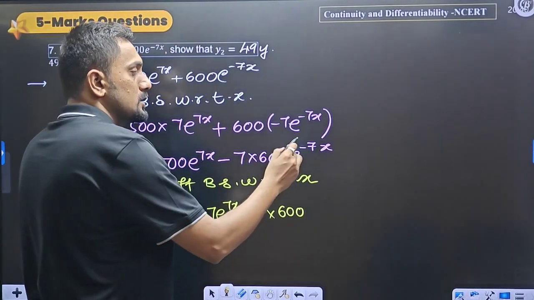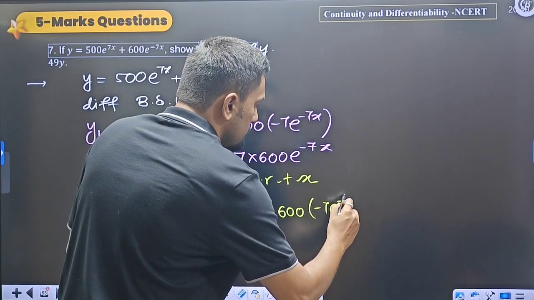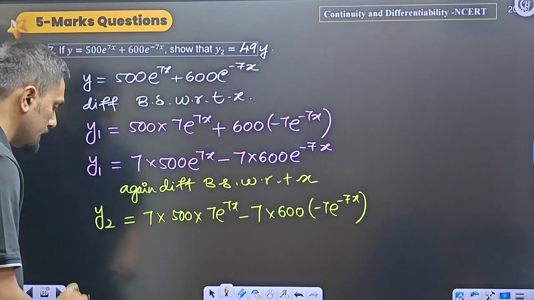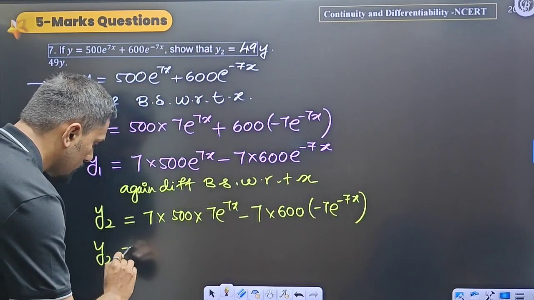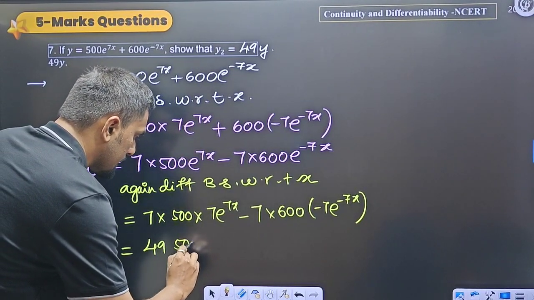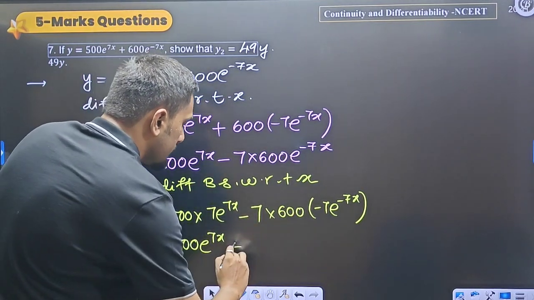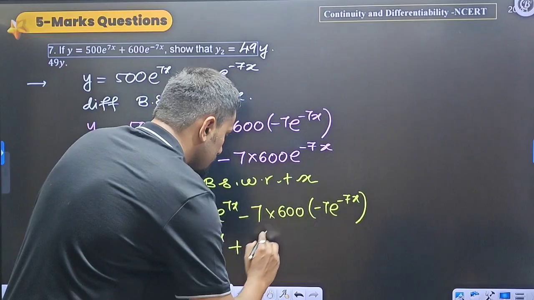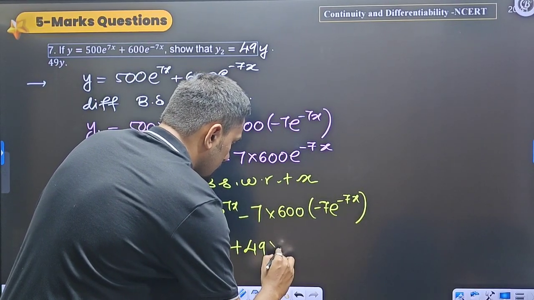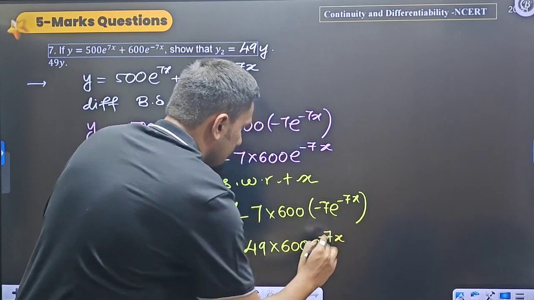What is the derivative of e raised to the power minus 7x? Minus 7 e raised to the power minus 7x. Right? Next, let's rewrite again. y2 is equal to 7 into 7 is 49, 500 e raised to the power 7x, then minus into minus will become plus, 7 into 7 is 49 into 600 e raised to the power minus 7x.